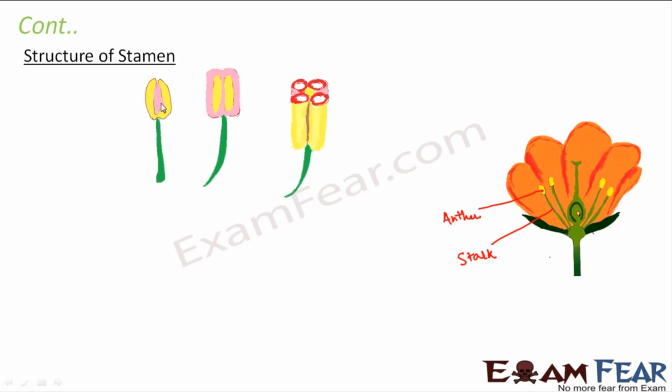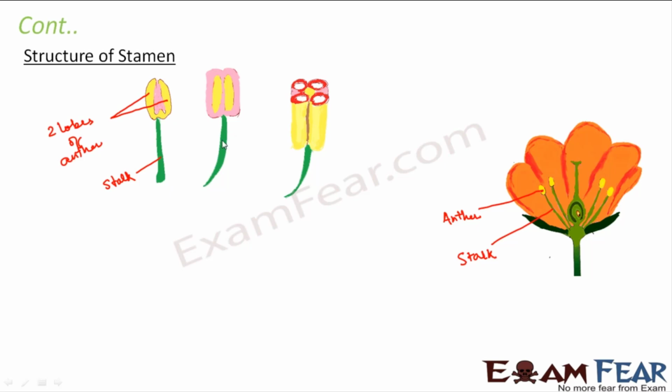So the connective connects the two lobes of the anther. The green structure is the stalk. This is the dorsal view of the stamen.